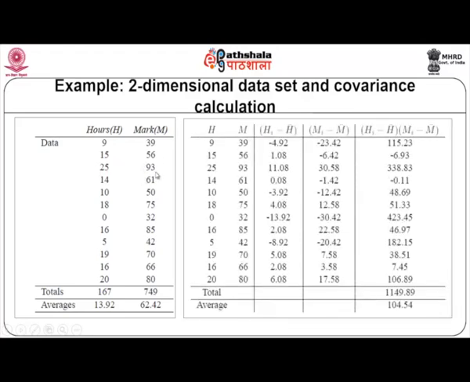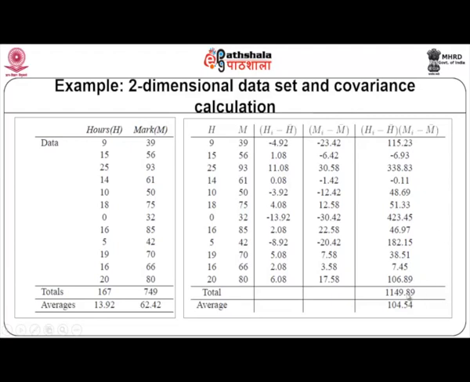Now, let us take the two variables h and m. For the variable h you can calculate an average and for the variable m you have another average. Now, take the differences between the values of h and its average. Similarly, identify the difference of the values of m and its average, which is indicated here. Then multiply these differences and sum them.